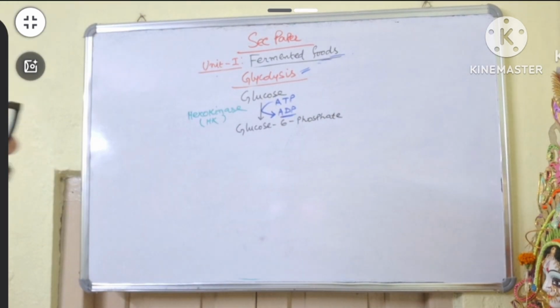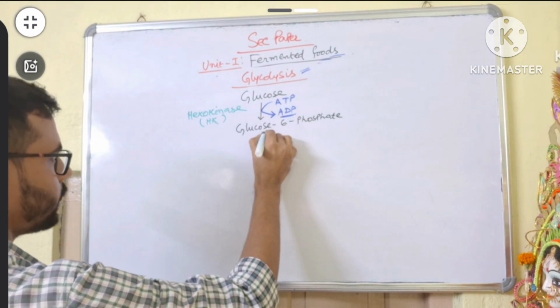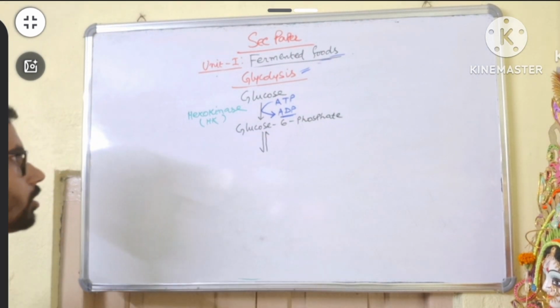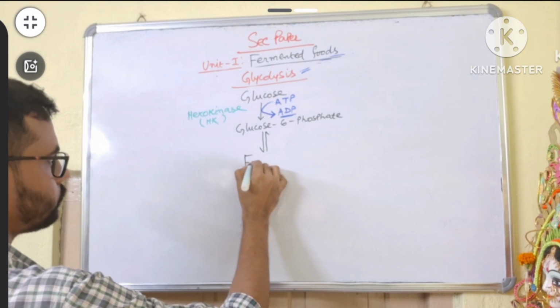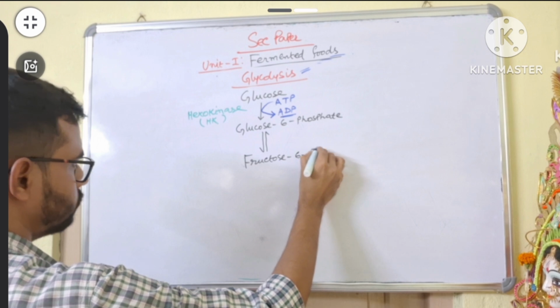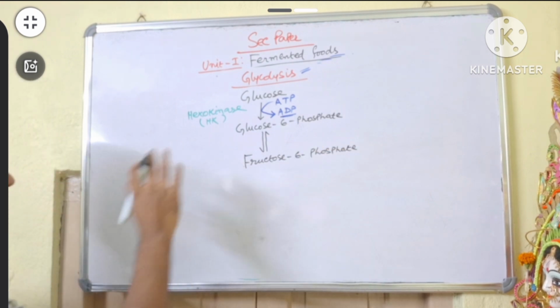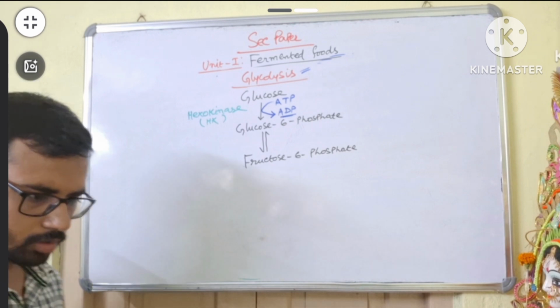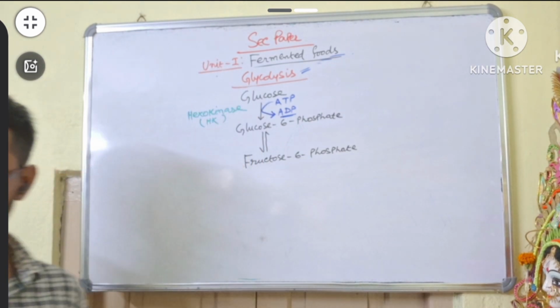After that, glucose 6-phosphate is converted into fructose 6-phosphate. Actually, in this step, no change of the phosphate group occurs.